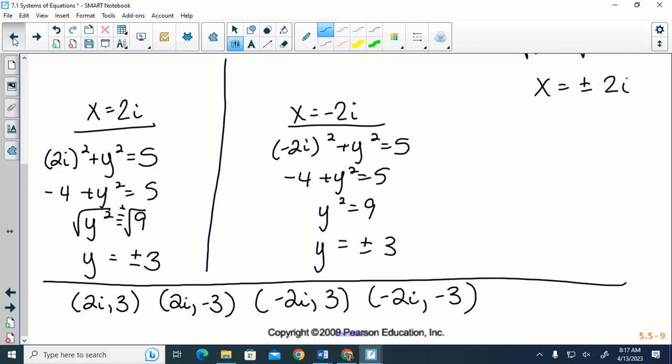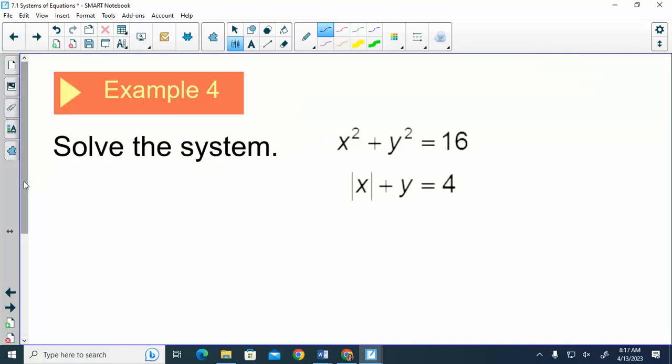Let's do a couple more. X squared plus y squared equals 3. Absolute value of x is 3 plus y. So what, are you supposed to square?